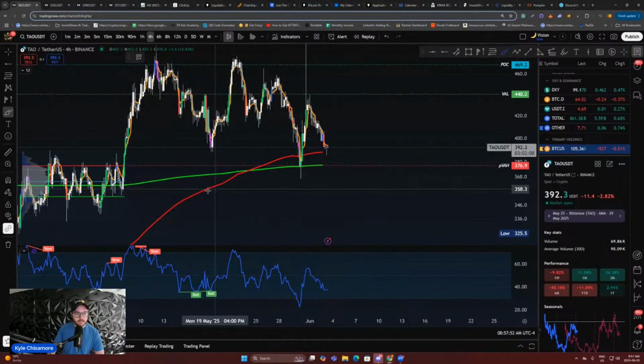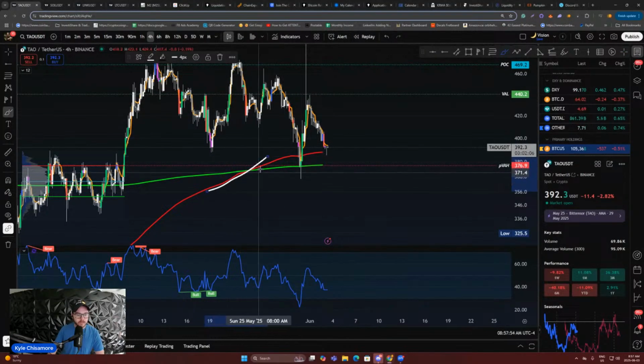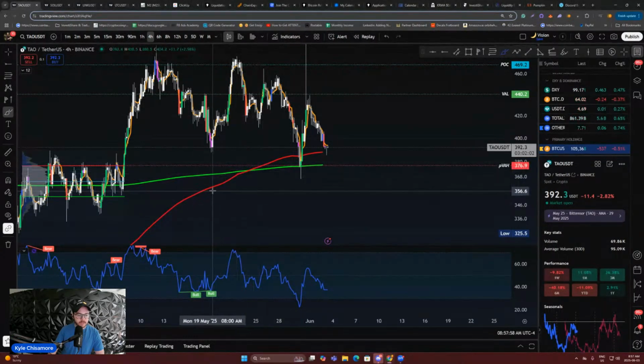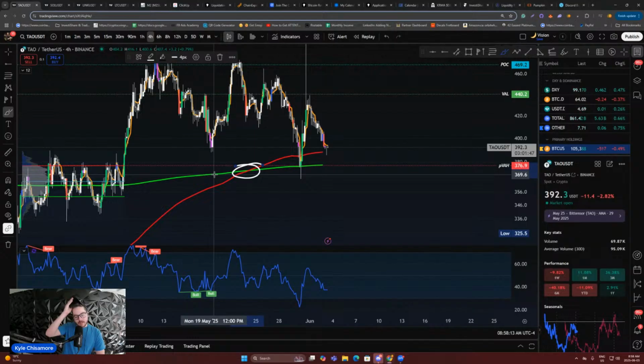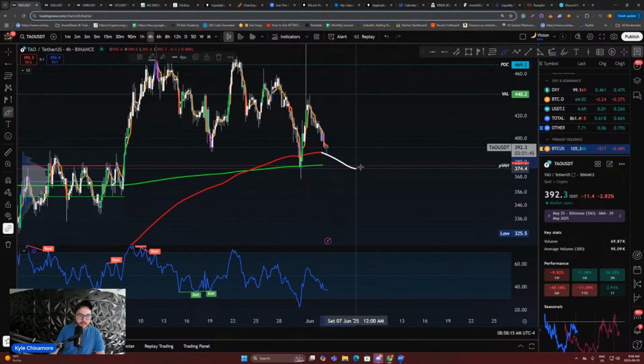So we have the 50 crossing over the 200-day. If the 50 goes above the 200, that's called a golden cross. Lots and lots of traders and algorithmic bots react off that kind of event, and they just buy. And when they cross to the downside, they sell.